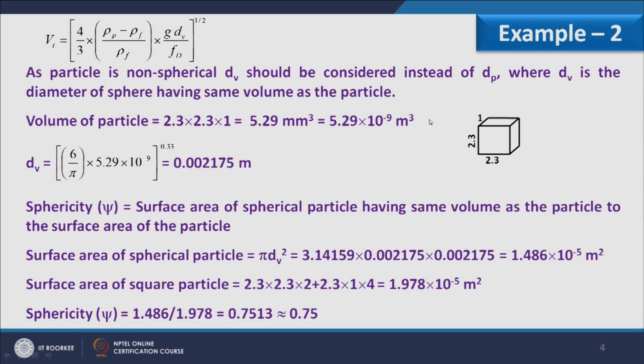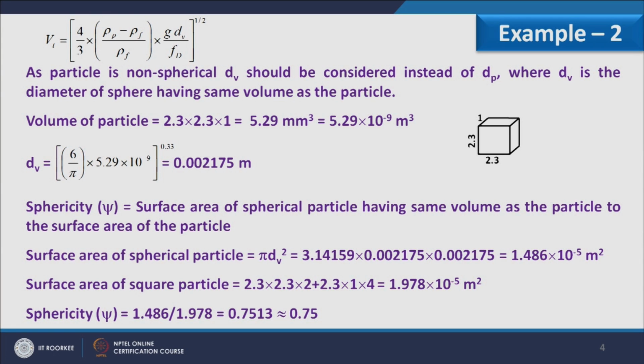Once I have the volume of the particle, I can calculate the volumetric diameter, which is equal to volume of particle into 6 by pi, and the complete expression has the power 0.33.